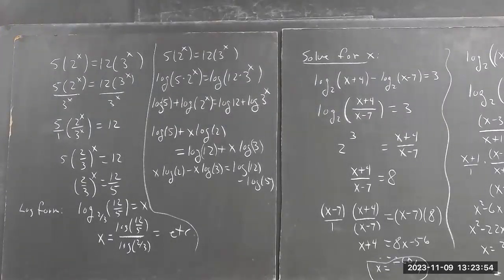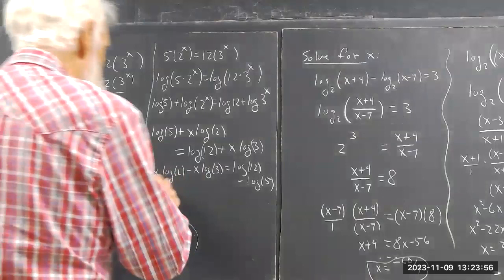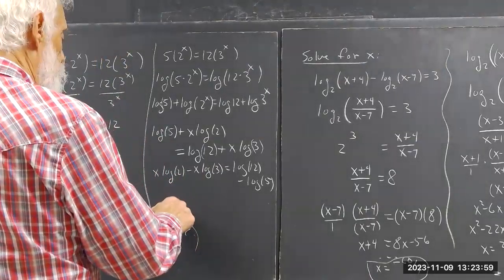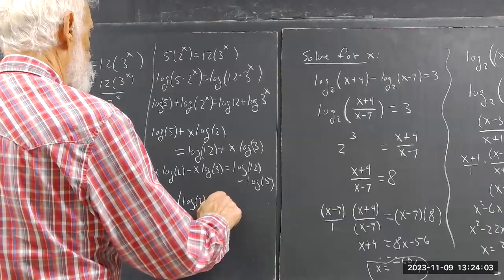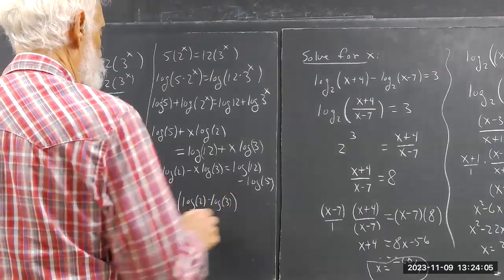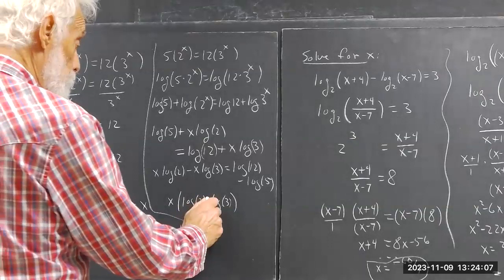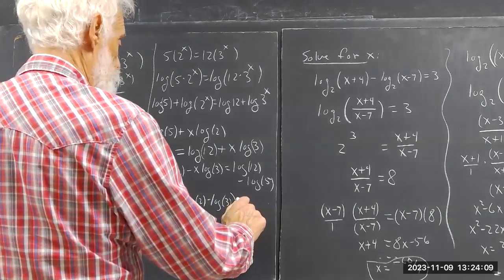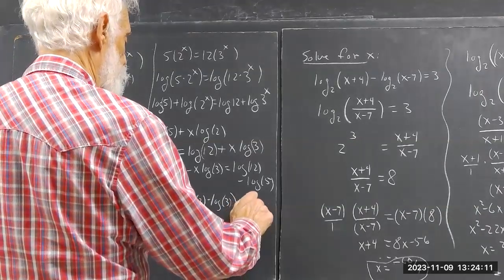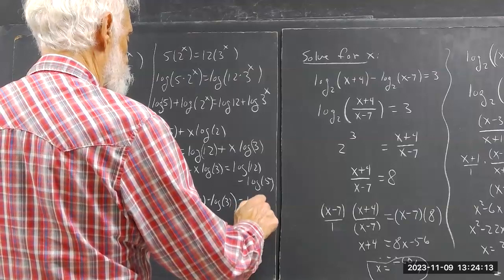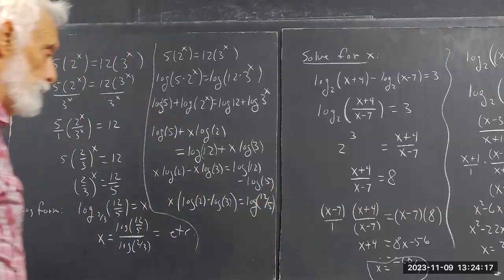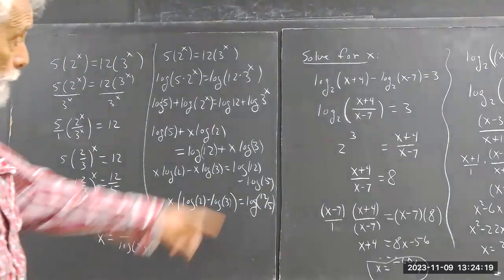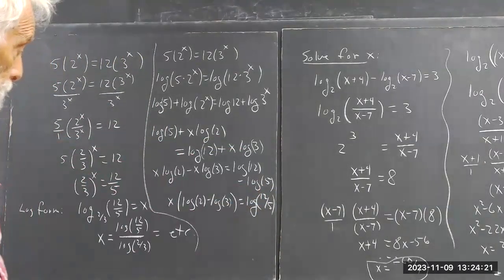Okay. You factor out x over here. You have x times the log of 2 minus the log of 3. That's something you just use your calculator to get. That equals a log of 12/5, because it's the log of 12 minus the log of 5.